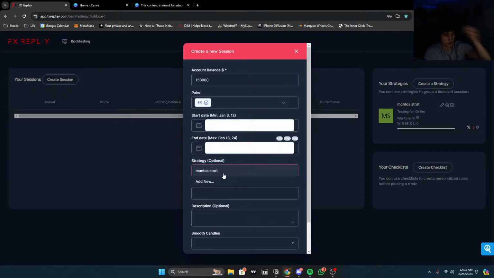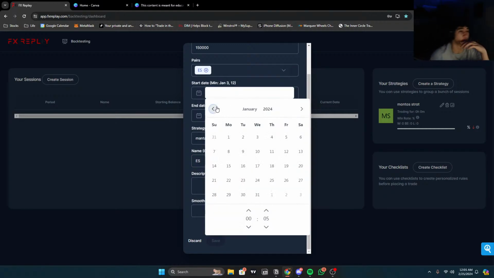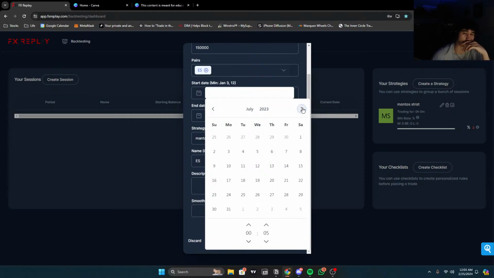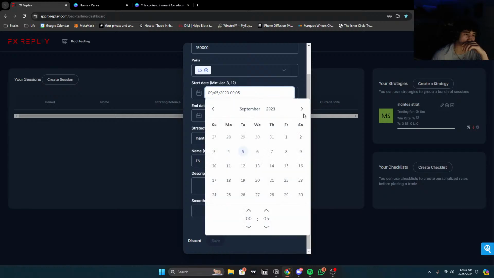Let's try trading ES. That should be pretty cool, because I haven't really traded ES before. Okay. 2023? Should we do 2023? I think so. Let's go to October.